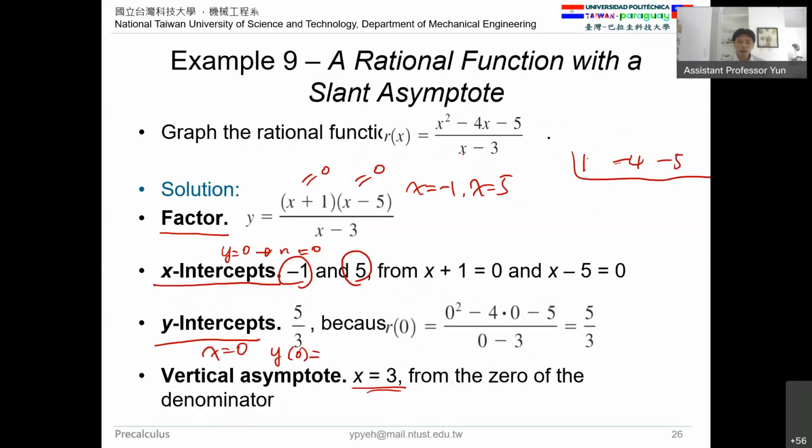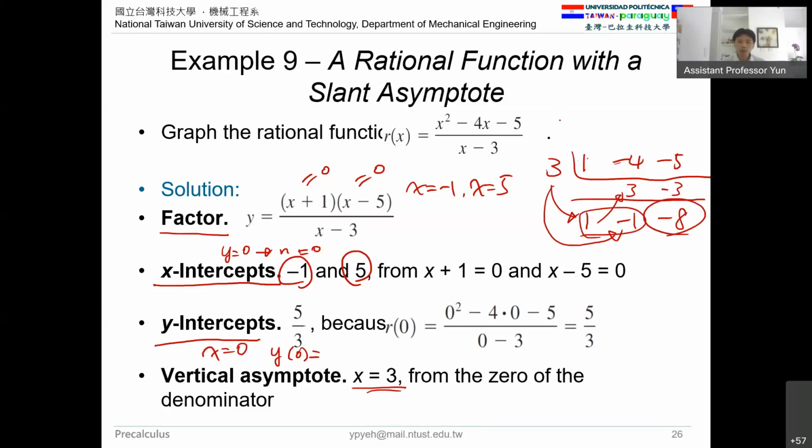And then this will be x minus 3 here, so we are using the 3 here. If you still remember some operations in polynomial functions, that will be 3, and that will be -1. And also times the -1 here, it should be -3. And then you do the summation, which will equal -8. Okay, so you can see that here is the quotient, here is the remainder.